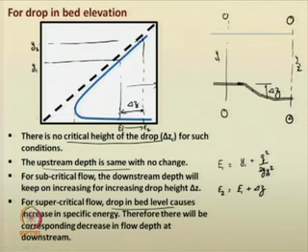For supercritical flow, the depth of flow gets reduced, right. From these figures it is quite evident that you can use those intuitions and theories to analyze them. So, there will be a corresponding decrease in flow depth at downstream, that you need to keep in mind when you consider elevation as well as drop in bed.